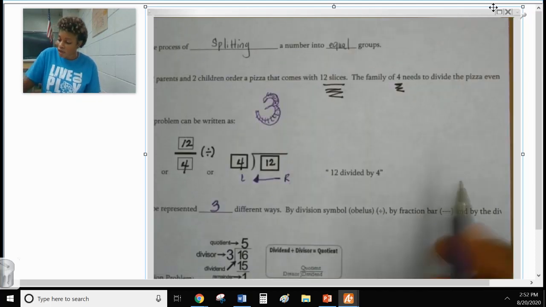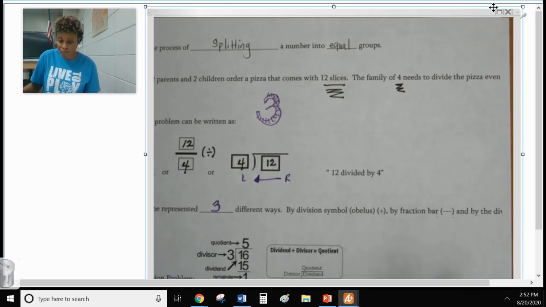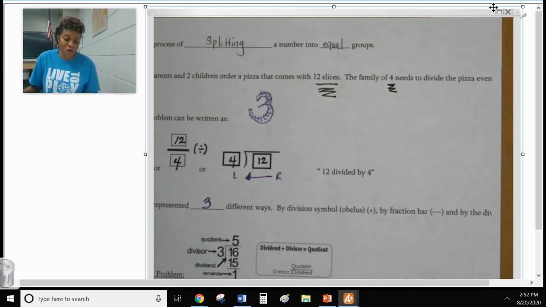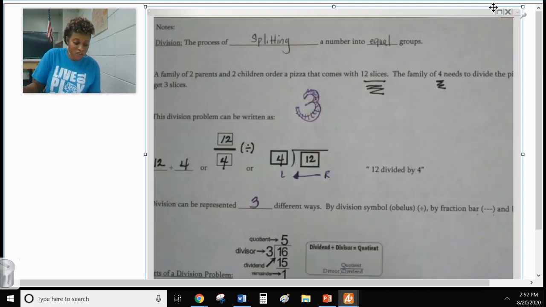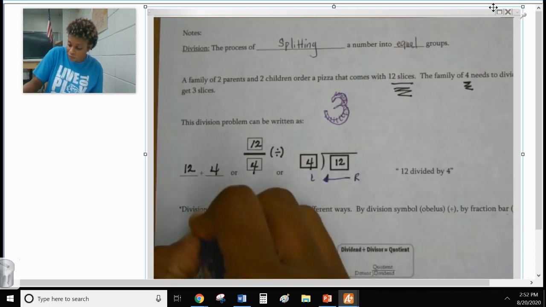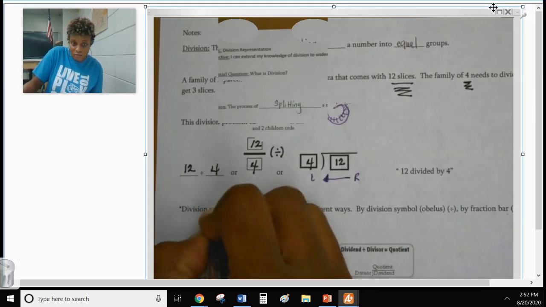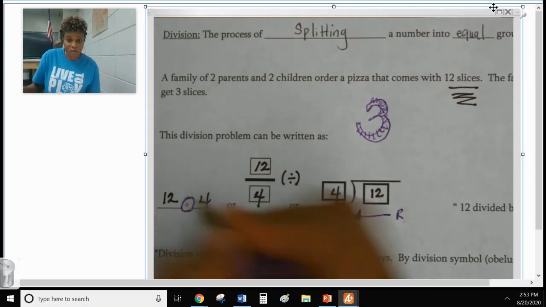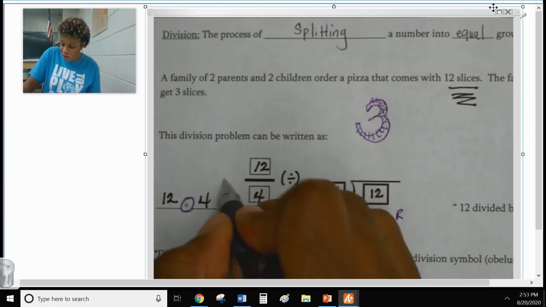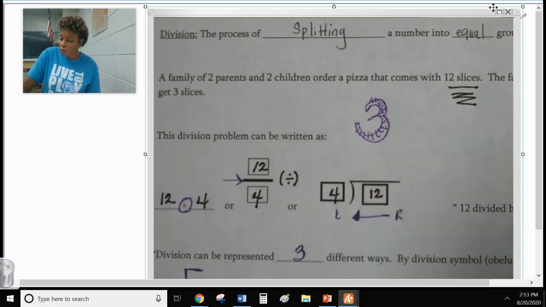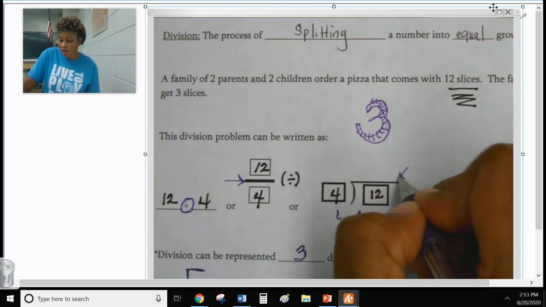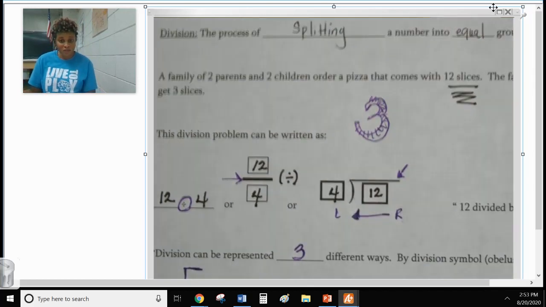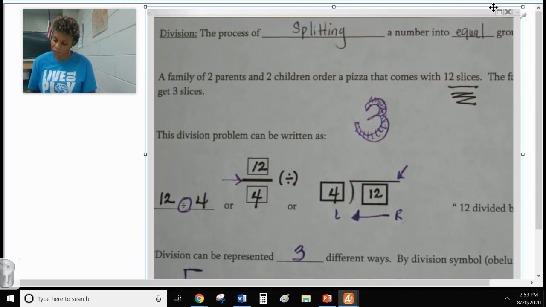It can be written with a fraction bar, and it can also be written with a bracket. Division can be written with a division bracket. Let's identify them: with an obelus, with a fraction bar, or with a division bracket. These are the three ways that division can be written.